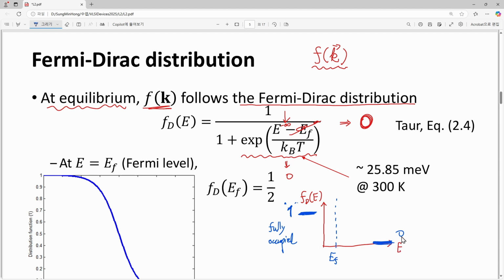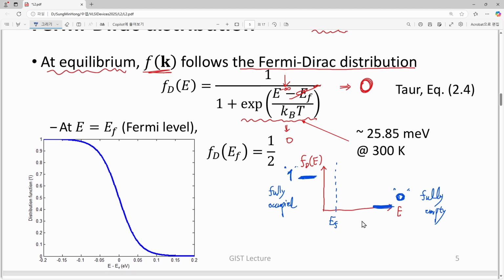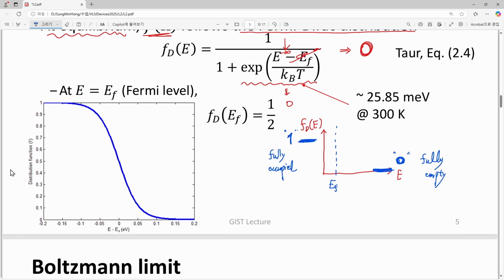And if we go to much higher energy levels, then it will give us a completely 0, meaning that fully empty. Of course, in between here, we have a non-zero but not exactly corresponding to 1, and there will be certain value. So let's have a look at this actual Fermi distribution function.